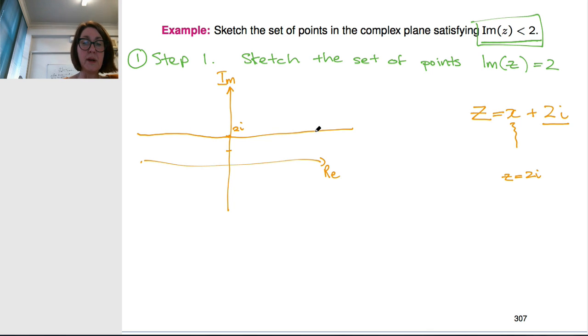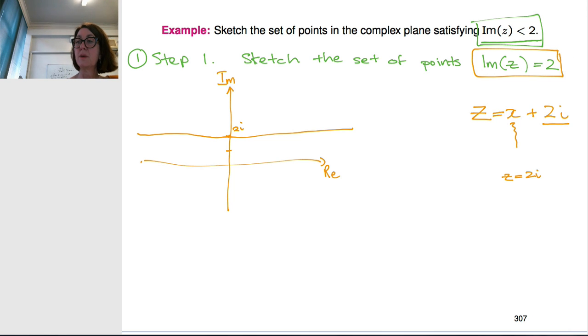The x coordinate could be anything you like. It could be positive or negative or even 0, but every point along that line would have imaginary part 2. Okay, so that's the equation, imaginary part of z equals 2.